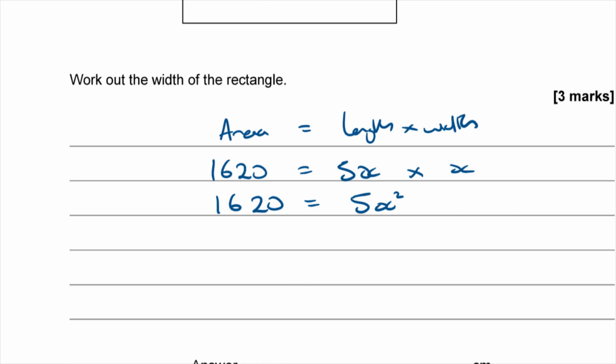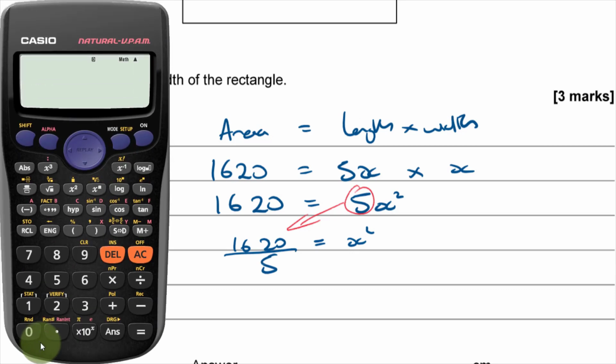So dividing both sides by 5, I'm going to get x squared is equal to 1620 divided by 5, which my calculator tells me is 324. So x squared is 324.